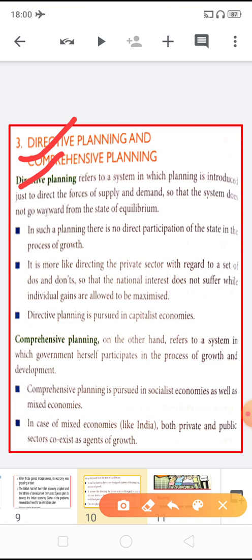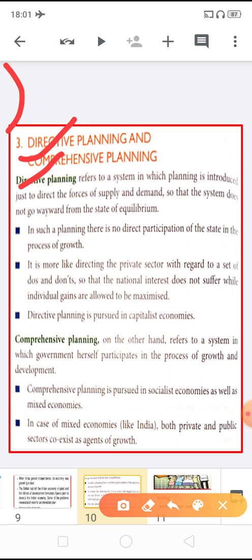I mean, the producers are interested to maximize their own profits, whereas the consumers are interested to maximize their own satisfaction. So in the capitalistic economy, as I just said, production is done mainly for earning profits, and the central problems like what to produce, how to produce, and for whom to produce are solved through the market forces of demand and supply.